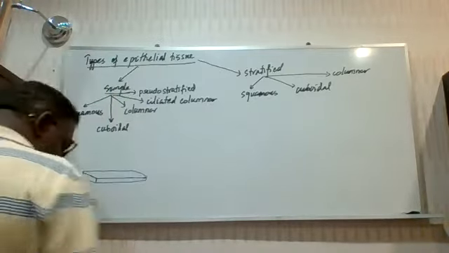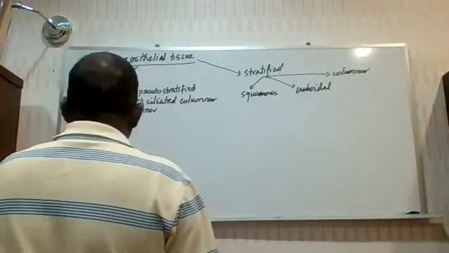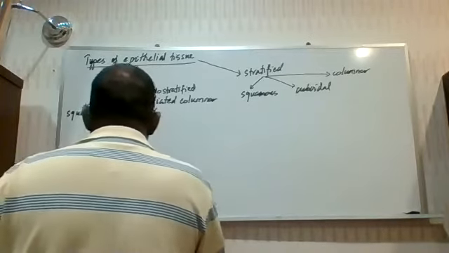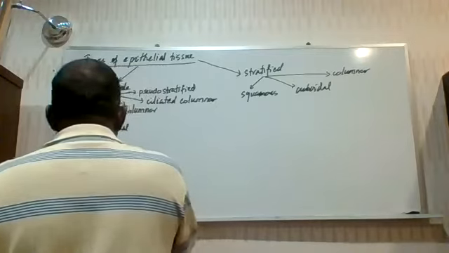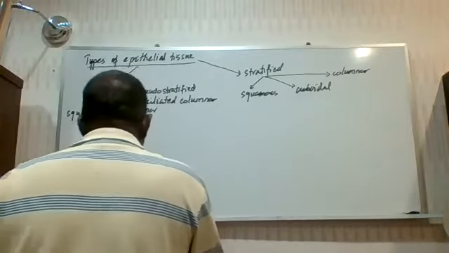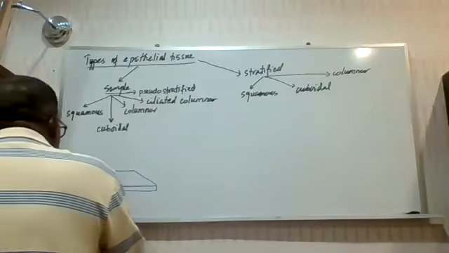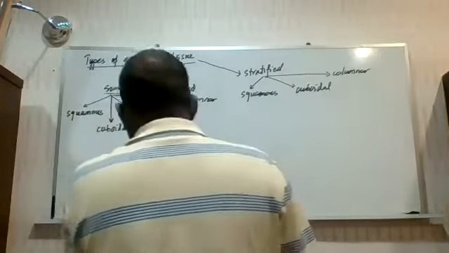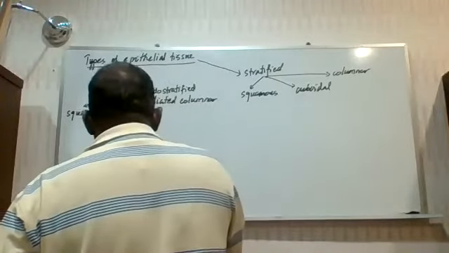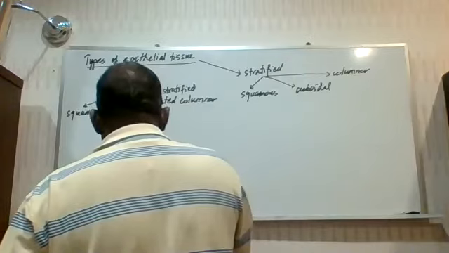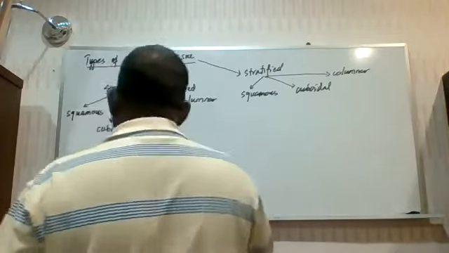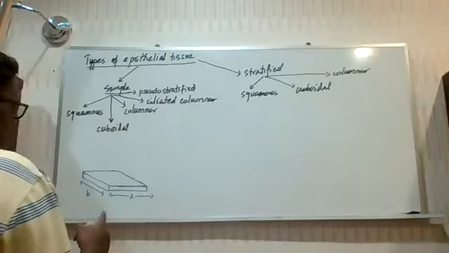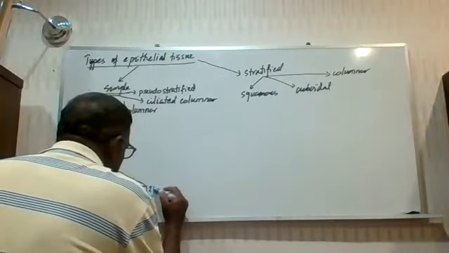You can see in this diagram roughly the length, L, and the breadth, B. And that's your height, which I'm going to put as H. Just concentrate on 3 dimensions.